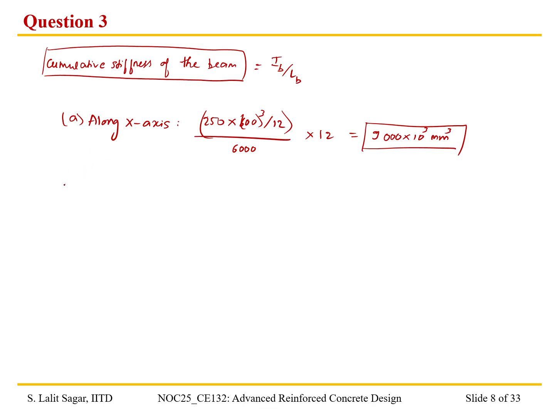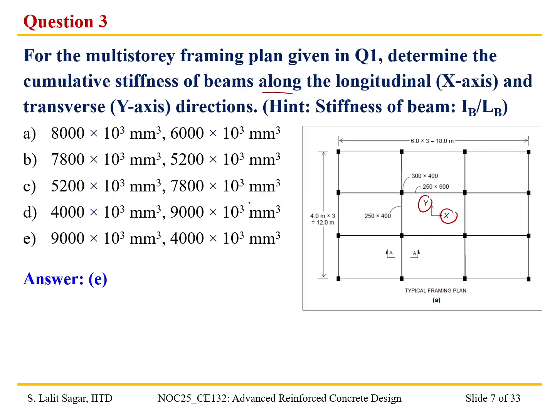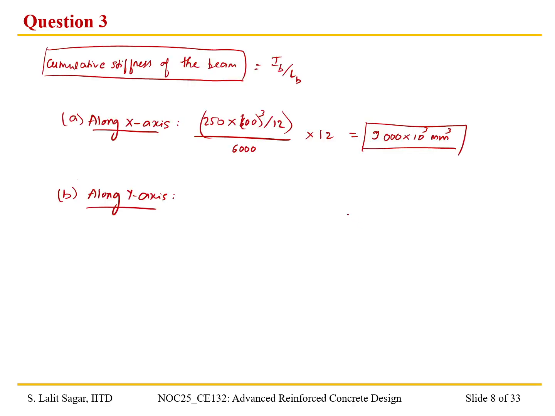Moving on, let us determine the cumulative stiffness along the y-axis. So here, what are the dimensions of the beam along the transverse direction? 250 by 400. Okay, let me check. Yeah, 250 by 400.